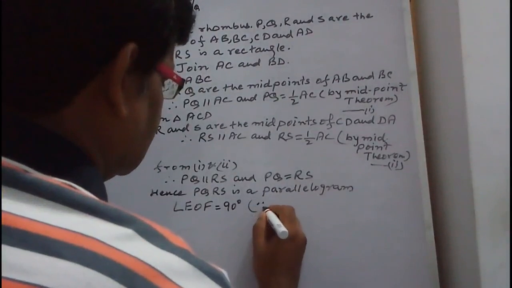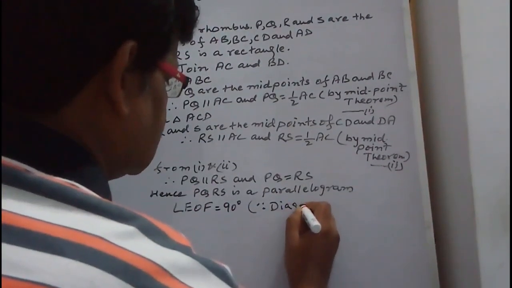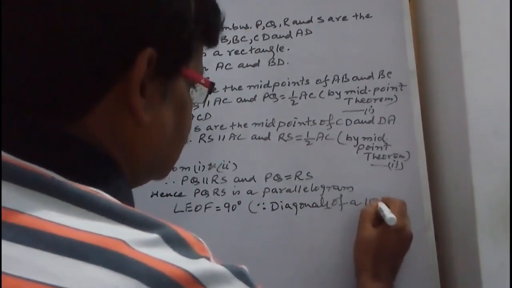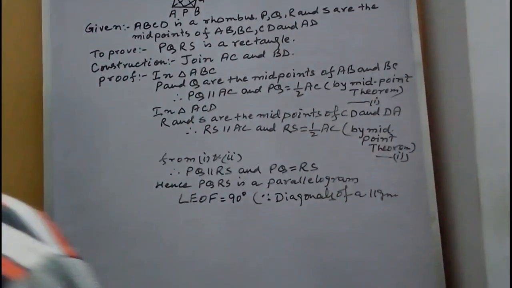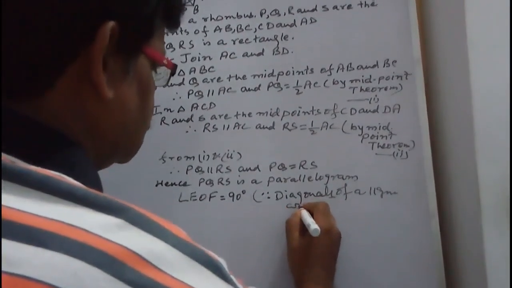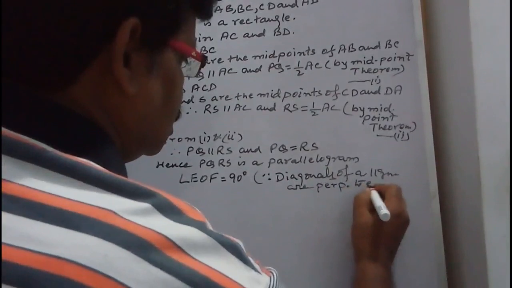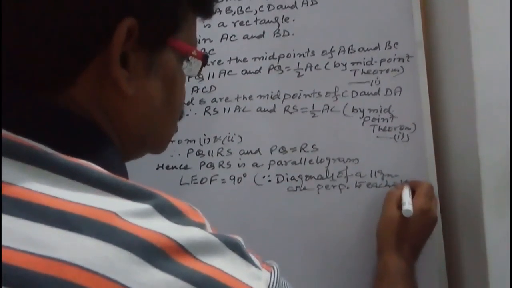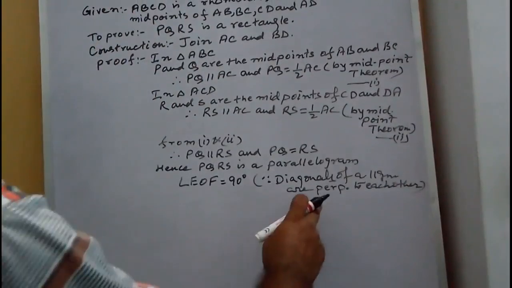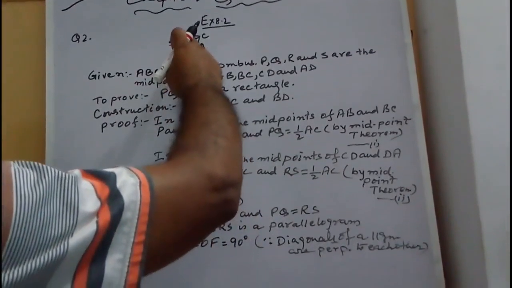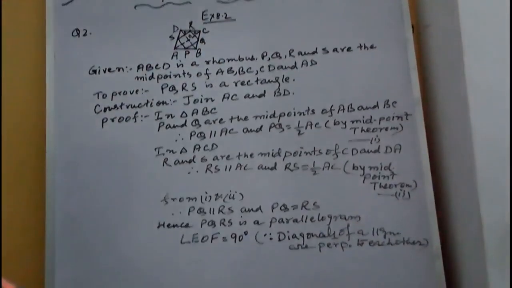The reason: diagonals of a rhombus are perpendicular to each other. As AC and BD are perpendicular to each other, therefore one angle, that angle EOF, is 90 degrees.